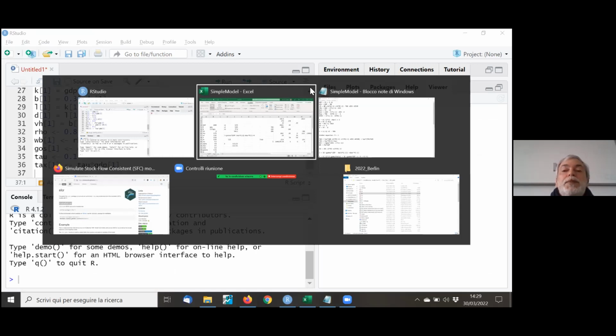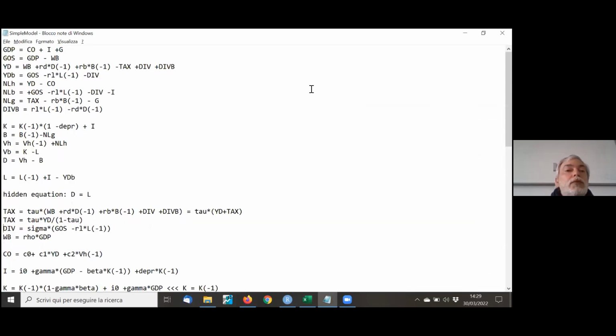Then yes, we have to define dividends and bank dividends.